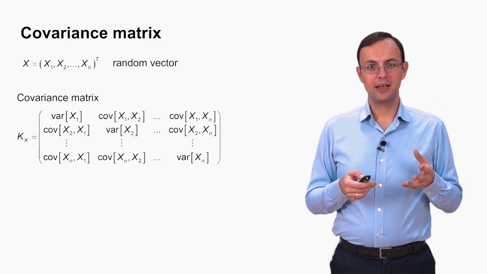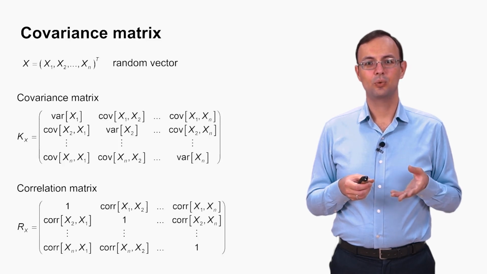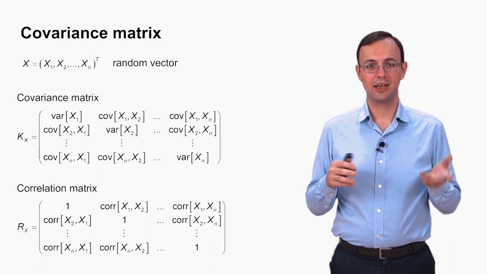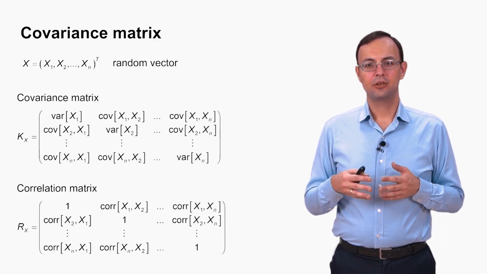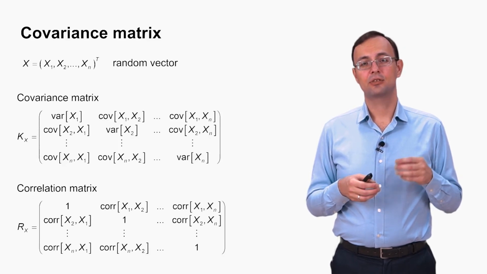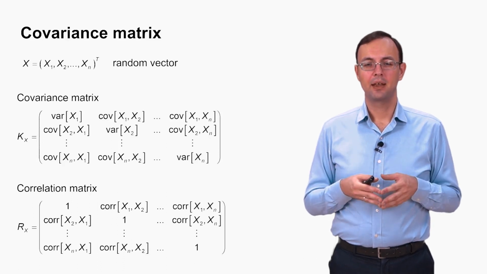In a similar way, we can also define a correlation matrix. So this is the matrix that consists of correlations of the elements of a random vector. And so diagonal elements of this matrix are ones, as correlation of any random variable with itself is equal to 1.